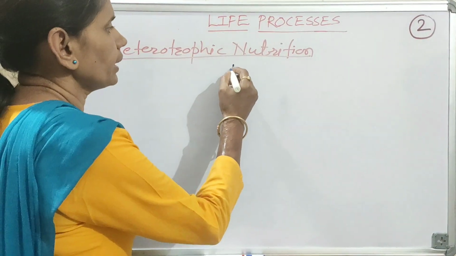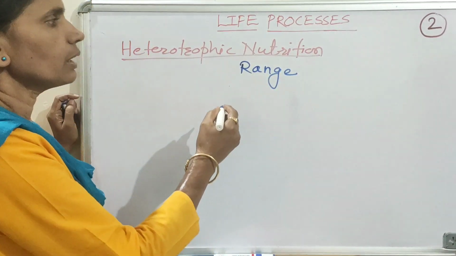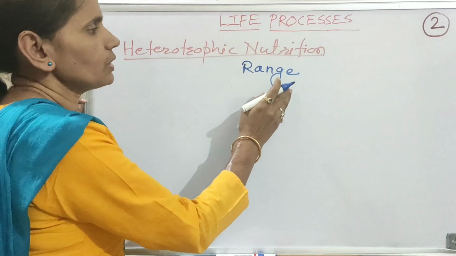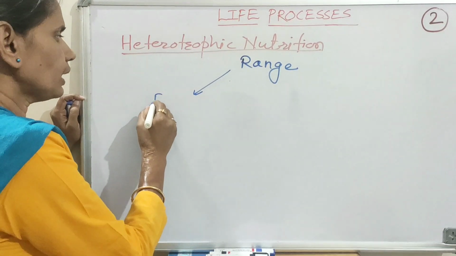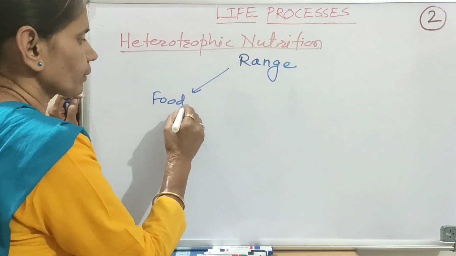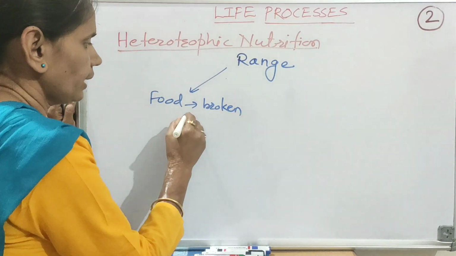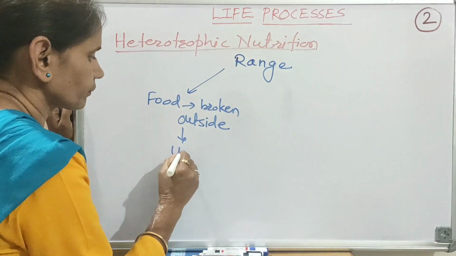Thus, different heterotrophs show a wide variety of ways by which food is taken up and utilized. In some cases, the food is initially broken down outside and then utilized by the organism.